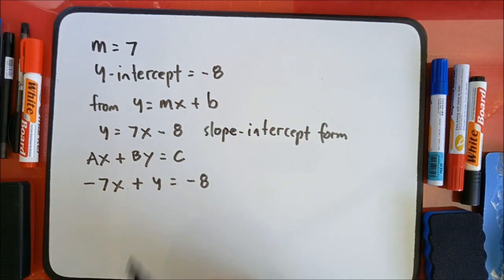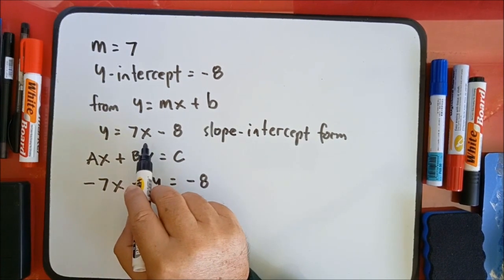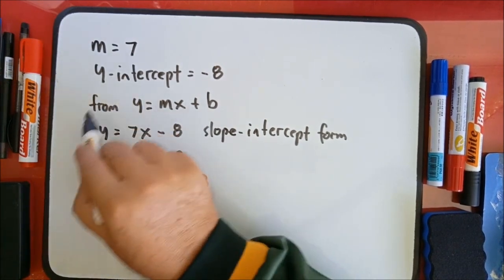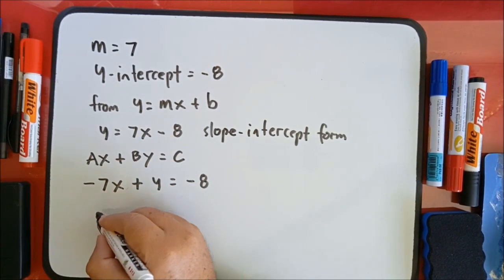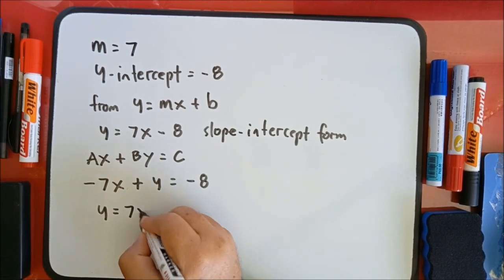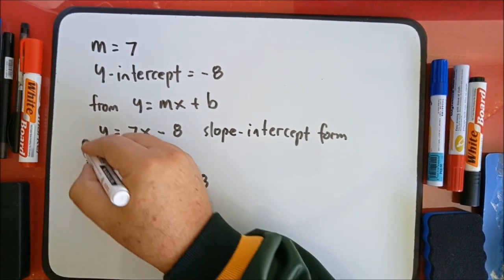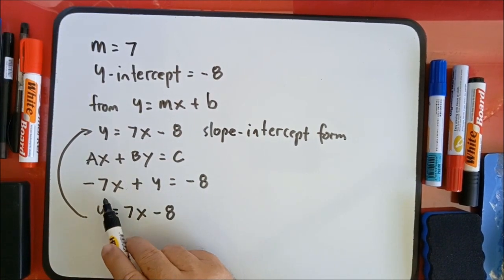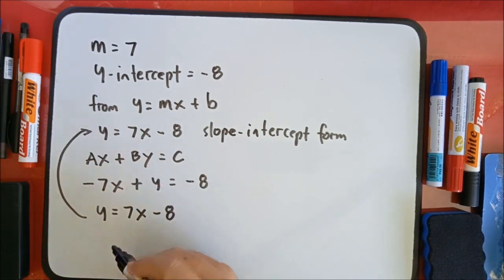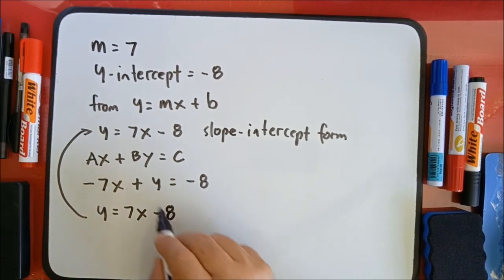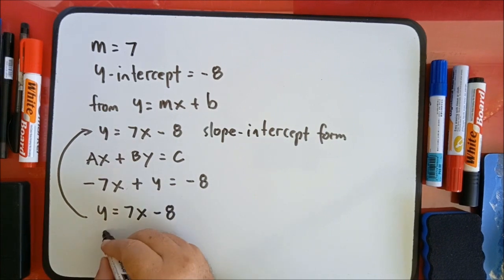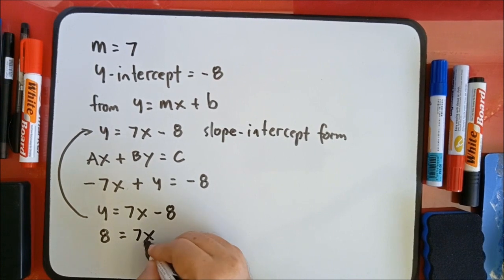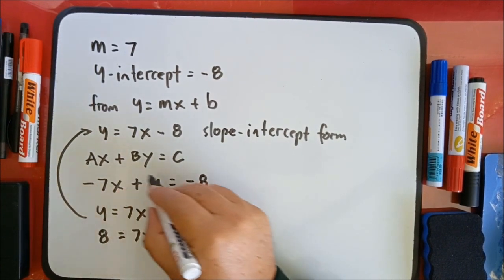Since the 7x on the right side of the equation is positive, I will move that, and the other one I will move to the other side. The negative becomes positive, the 7x will remain, and the y becomes positive.